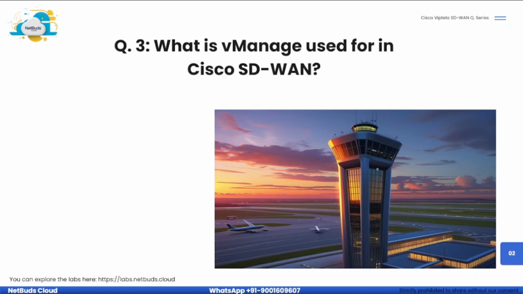So if I say my vManage is completely like a control tower, which manages everything, got it? In short, vManage is like a control tower that monitors and coordinates the entire SD-WAN network. It has full visibility and control of everything from a central location.